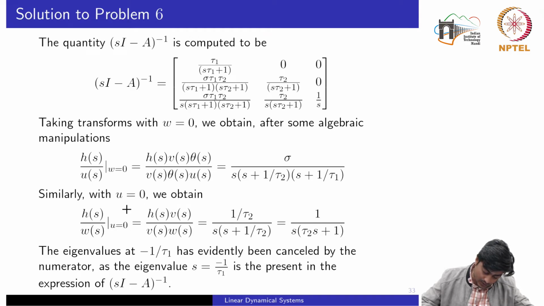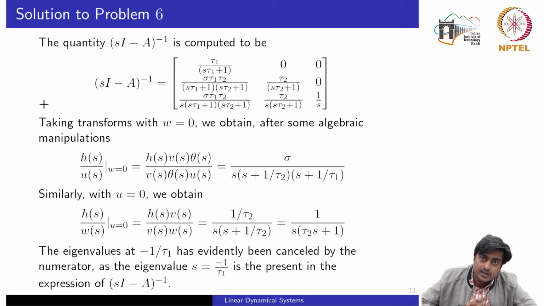Now putting u equal to 0 and computing H by W, we need to substitute H by V and V by W, which is this transfer function. Here one thing to note is that all the eigenvalues of this matrix (sI minus A) inverse matter, because this is nothing but your state transition matrix.